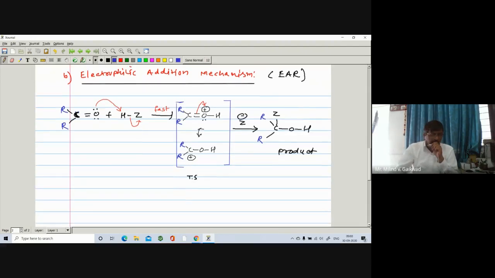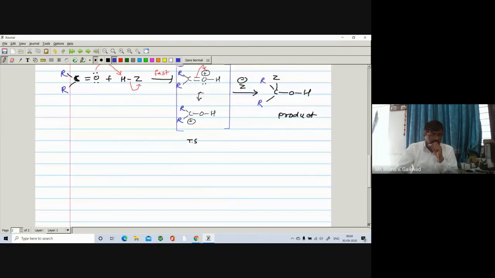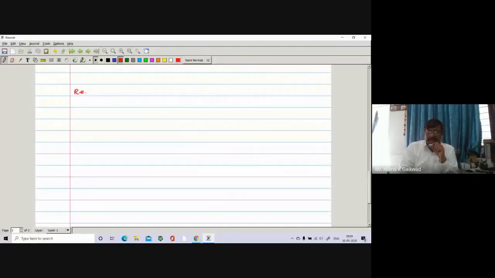Now we have seen the two types of mechanism, and now we'll see the reactivity of carbonyl compounds. Which group is more reactive? That we'll see.